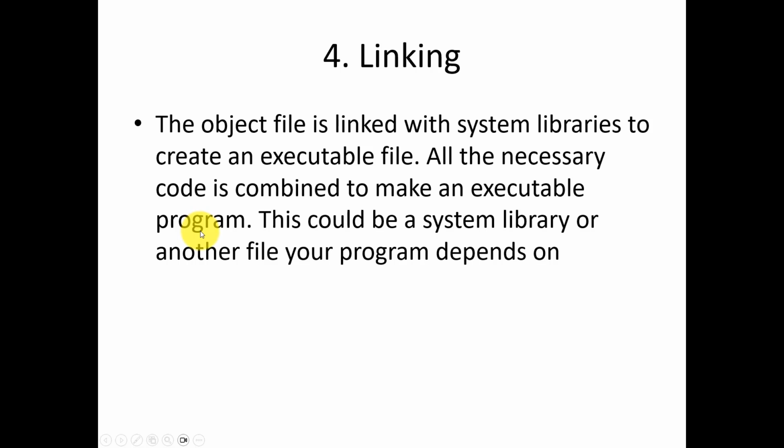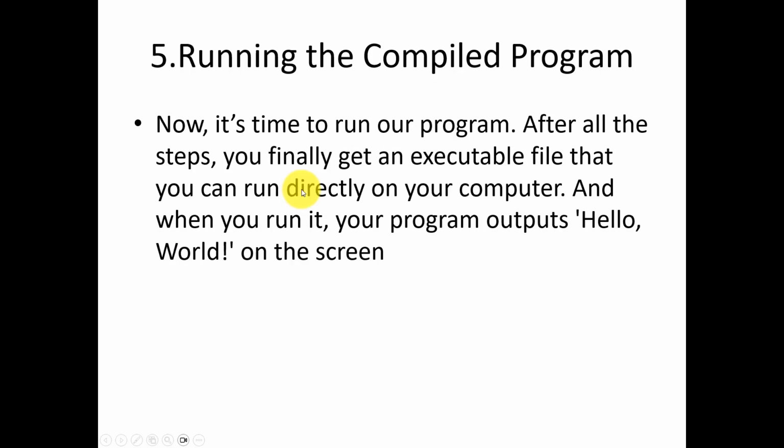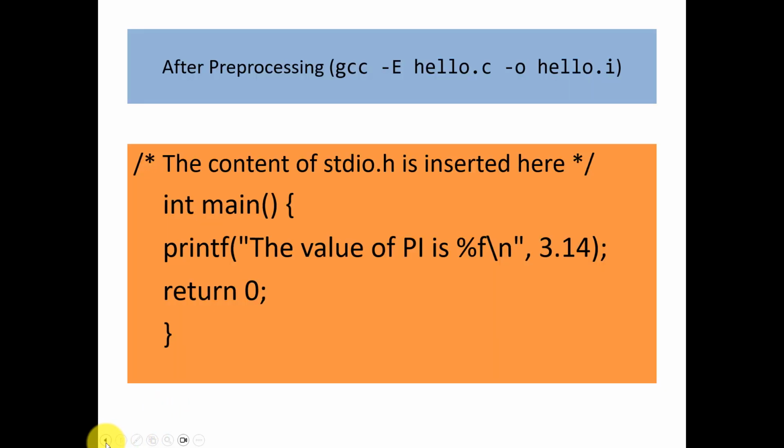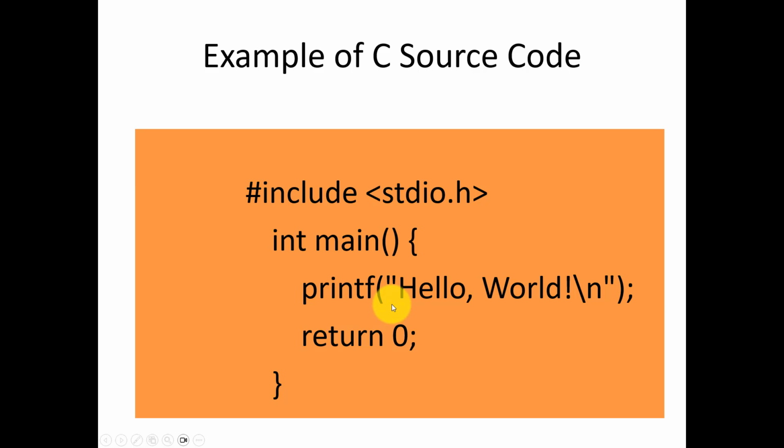And the last step is to execute your executable file, which you can run directly on your computer. When you run it, your program displays hello world on the screen, of course, if you use the example code I showed you here, with this function and this string hello world.